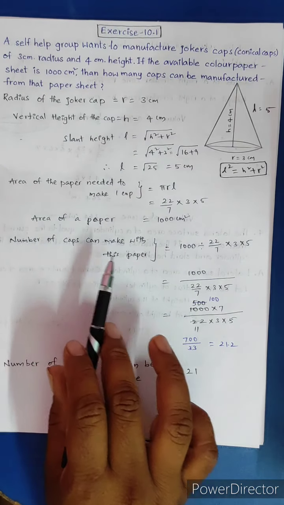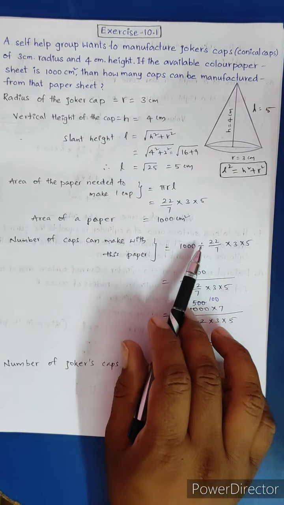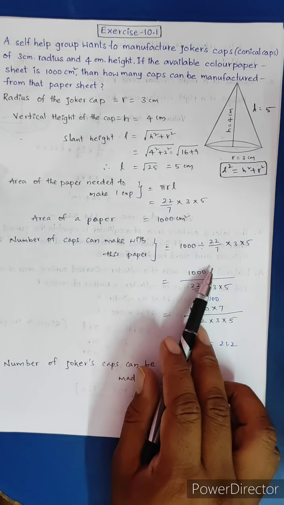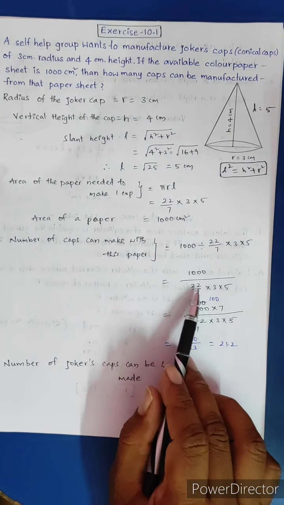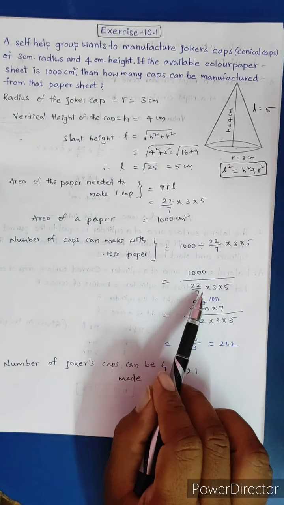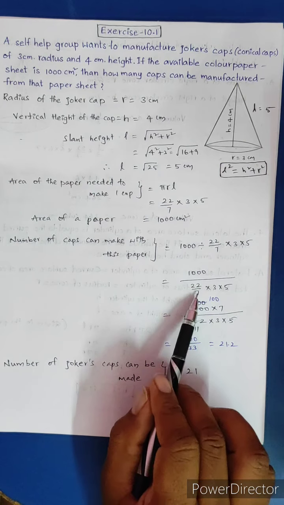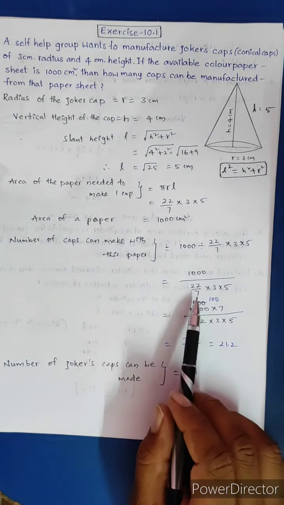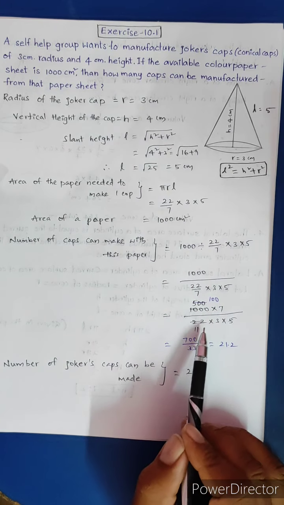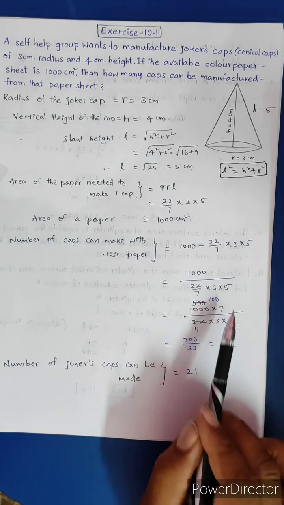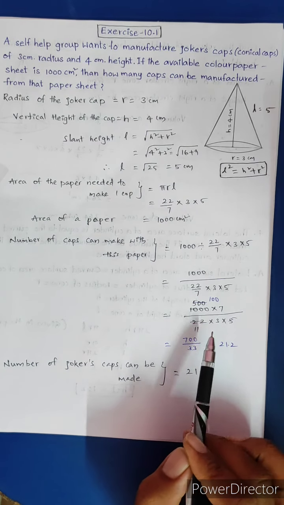Number of caps is equal to total area by small area. Total paper area is 1000, by the small area 22/7 into 3 into 5. Whenever you see a fraction in the denominator place, you write its reciprocal in the numerator place. 22/7 becomes 7/22. Now the remaining is 1000 into 7/22 into 3 into 5.